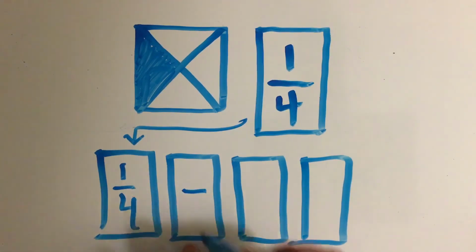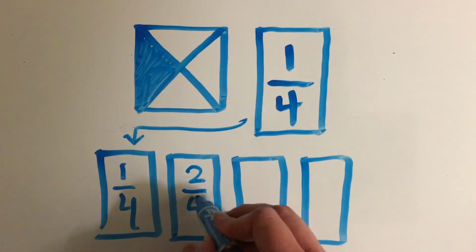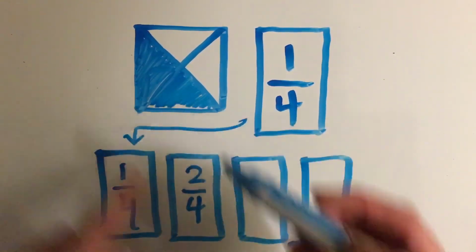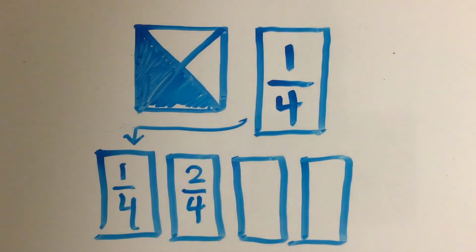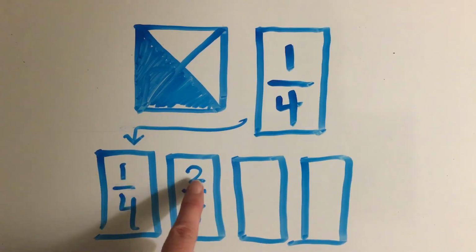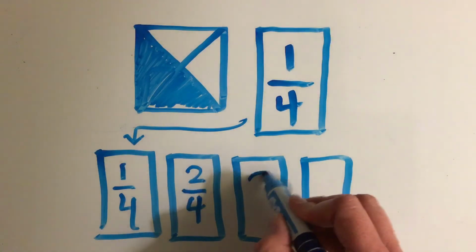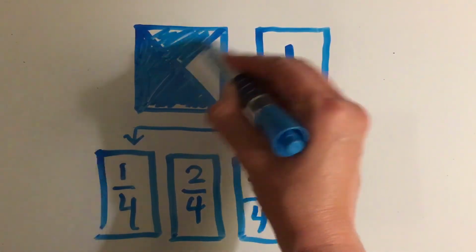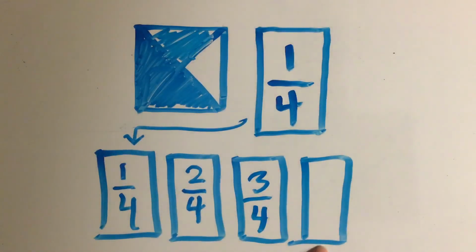Well, did you say 2/4? Because if you did, you are correct. So if I have 2 parts shaded, now it's 2/4. What would my next fraction be? Do you notice a pattern here? If you said 3/4, you are correct. And finally, what's that last fraction going to be?